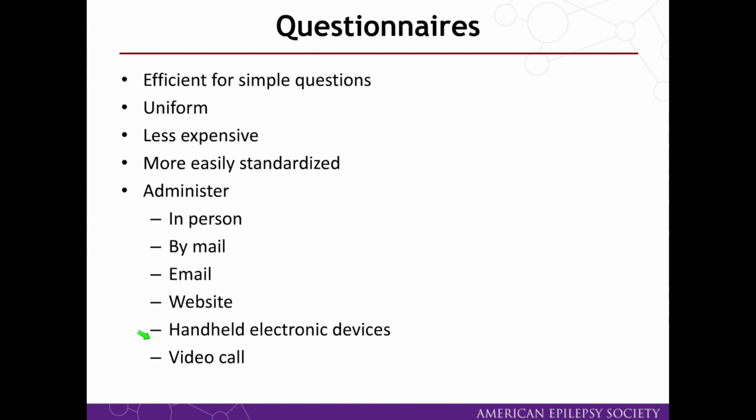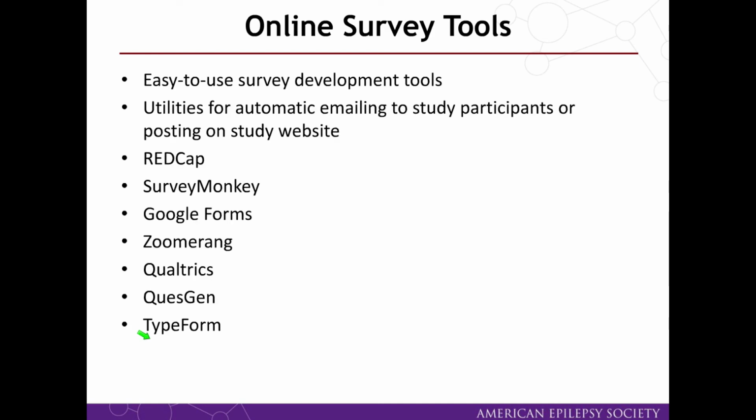We can also have questionnaires that are completed by patients and administered in a variety of methods as part of your study. Online survey tools are a common study technique, and there's a list here of different types of online study instruments, including REDCap and a variety of other forms that you can use to collect information from your study participants.